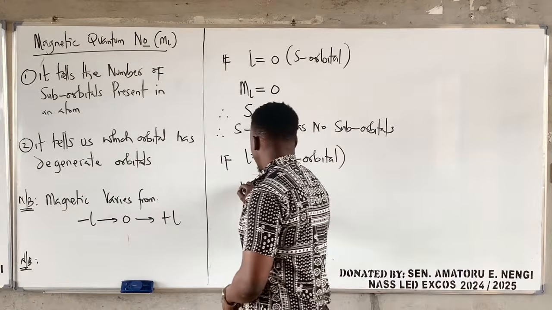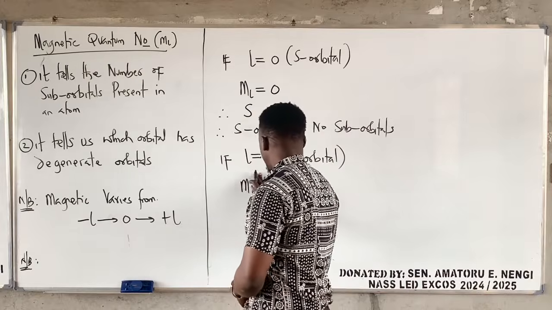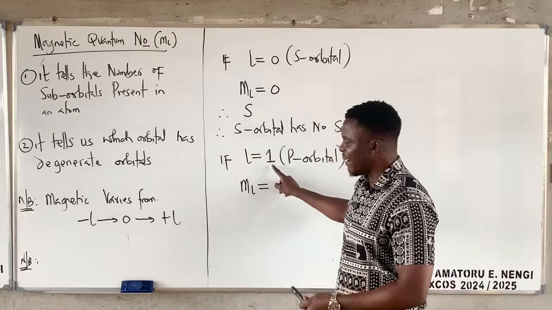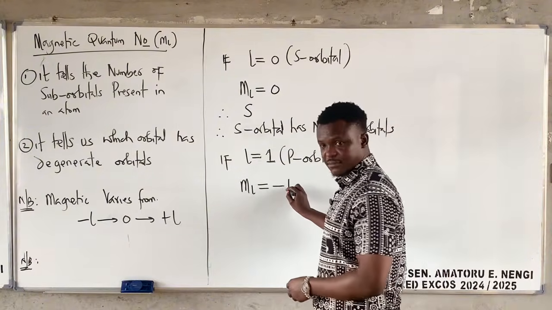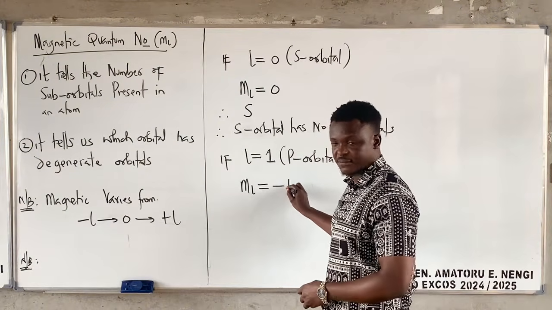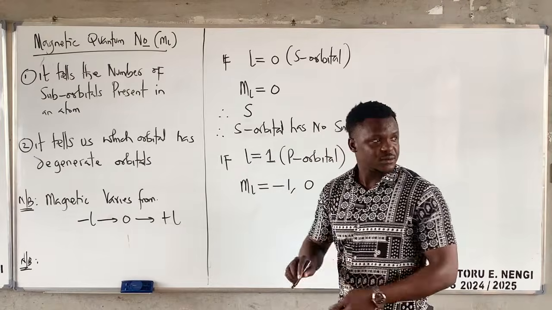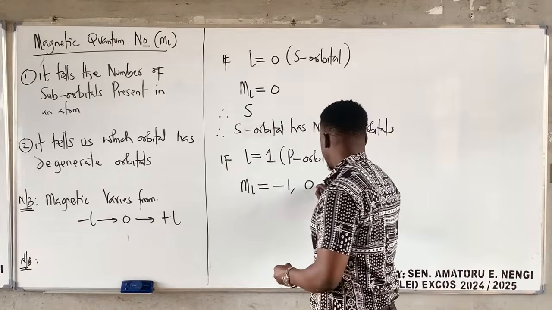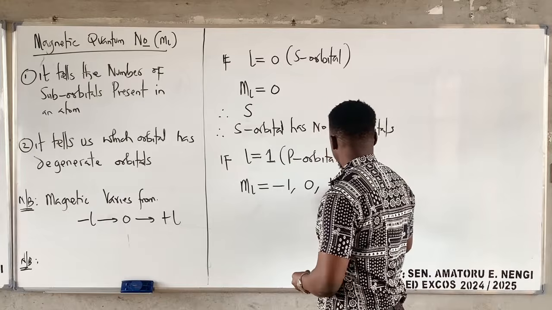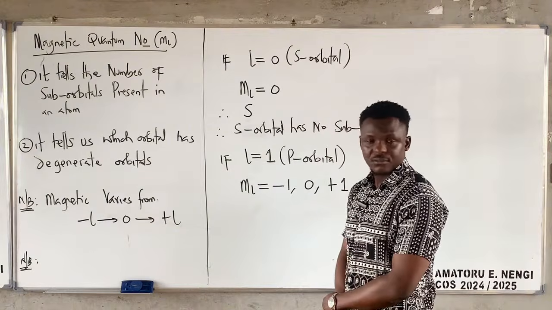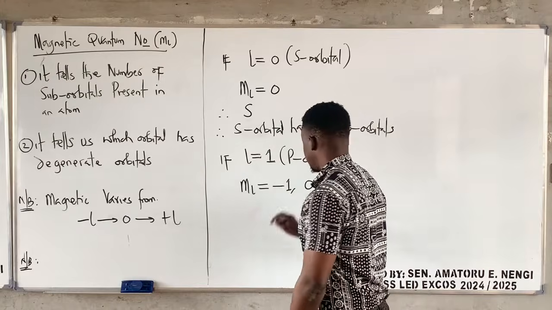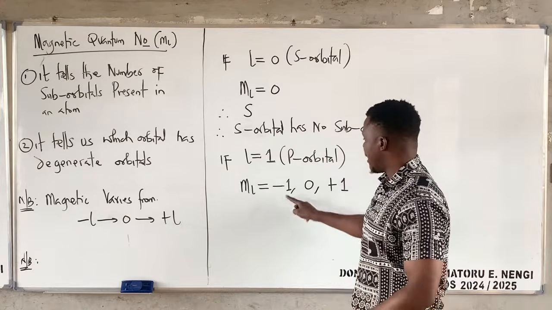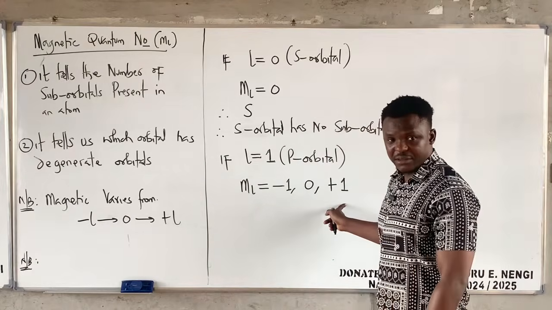Now ML will always start from minus of L, right? So this guy will start from minus 1, proceed to 0, then plus 1. Right? How many numbers can you see here? 3.